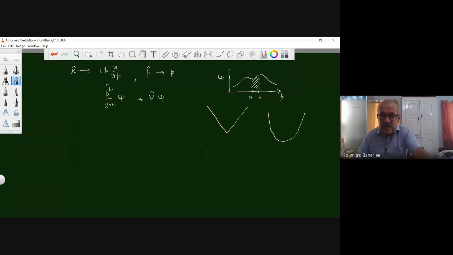So if it is a constant, then obviously this will not matter. It's just a constant value. X doesn't appear in this case, right? It's not a function of x. Therefore, it's just then a constant multiplied by psi. It will be very simple to solve the way you solve the free particle equation.